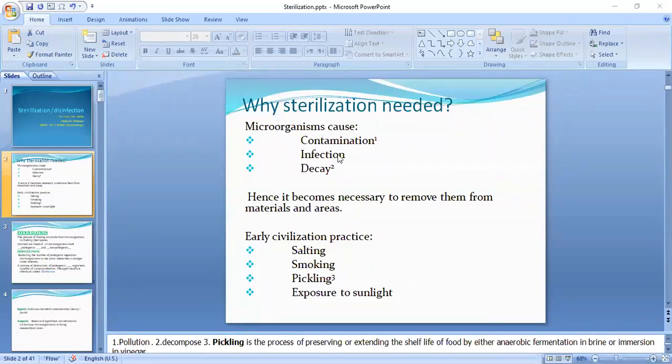These are the three reasons: the microorganisms or the bacteria cause contamination, infection, and decay. So, in order to avert the contamination, infection, or the decay or spoilage of the foods, it is necessary to remove them from the materials and areas.